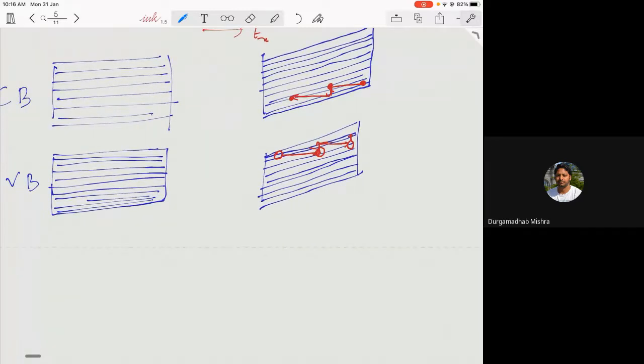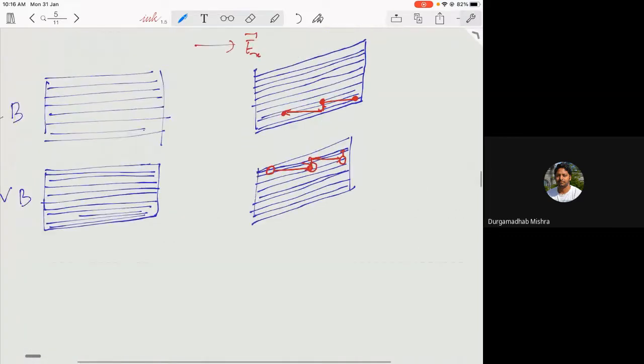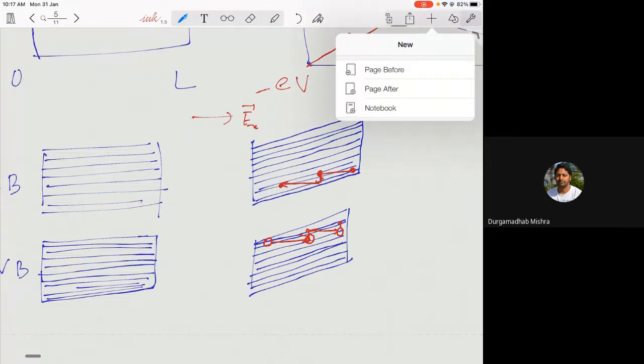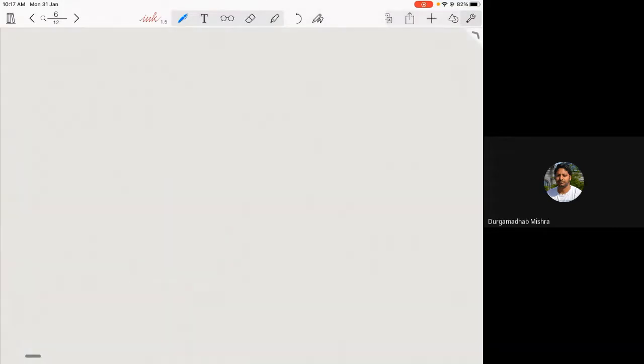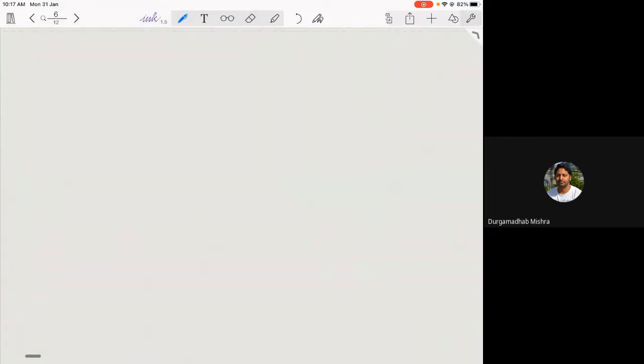So what would be the conductivity of the material then? The conductivity, we will write again using the classical form.